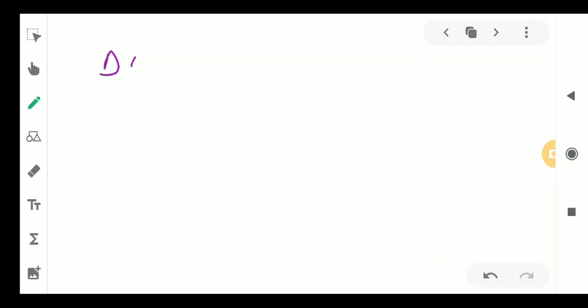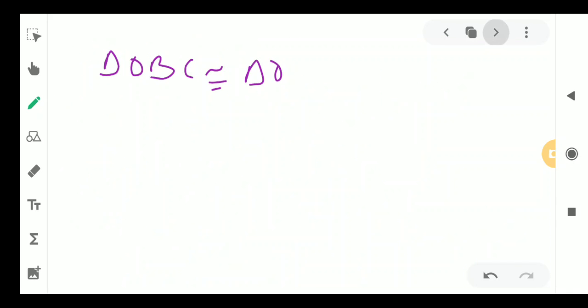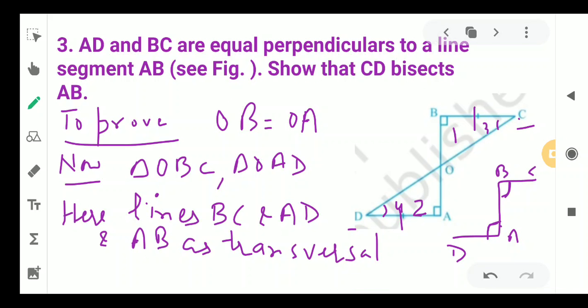So triangle OBC is congruent to triangle OAD by the angle, side, angle criterion. Now if they are congruent triangles, we can say OB equals OA, which we have to prove here.